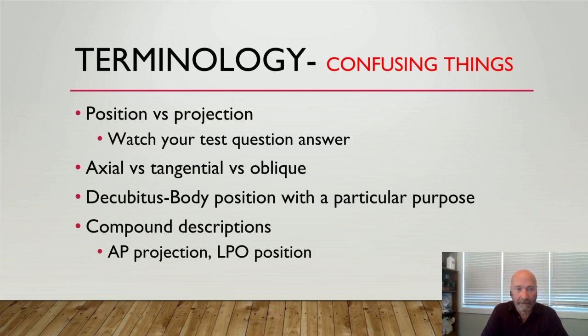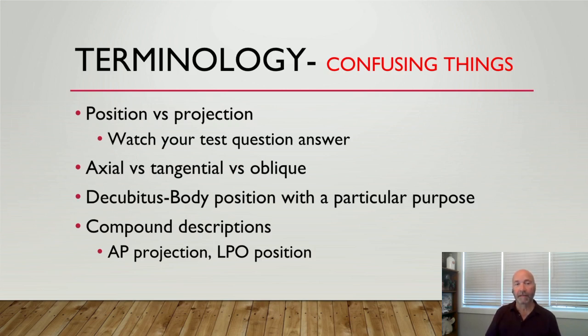Sometimes in our minds, position and projections become synonymous, and they are not. So watch your test questions, watch your answers, and make sure that you apply the proper answer to the question that's being asked. Maybe you have a test question that asks what position would be described by the patient's hand, the palm of the hand being in contact with the image receptor.